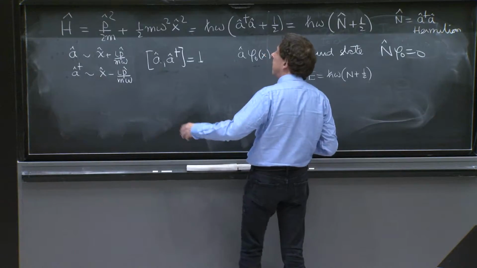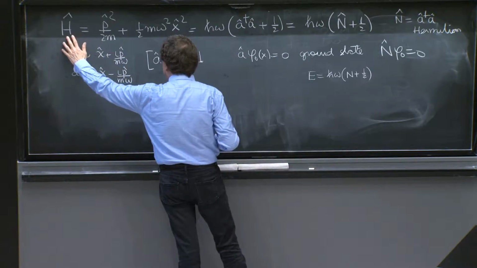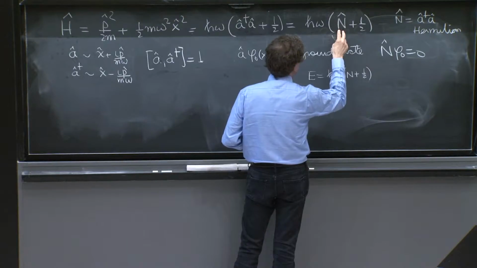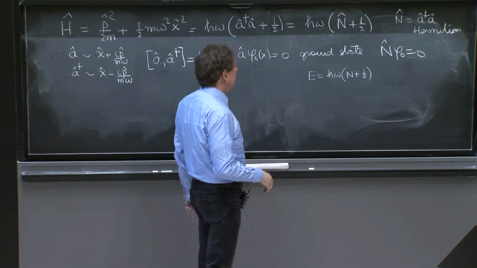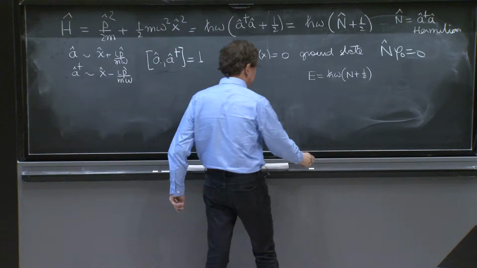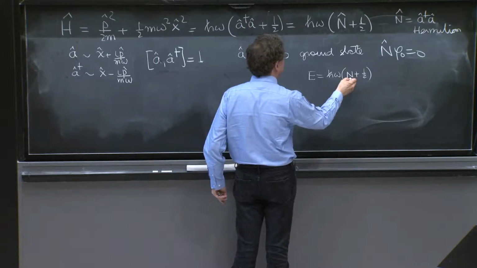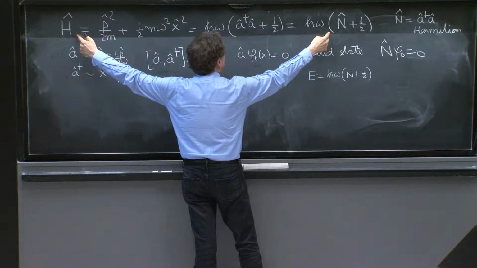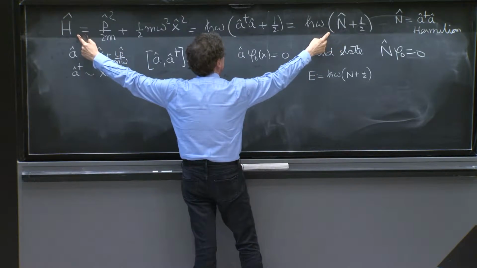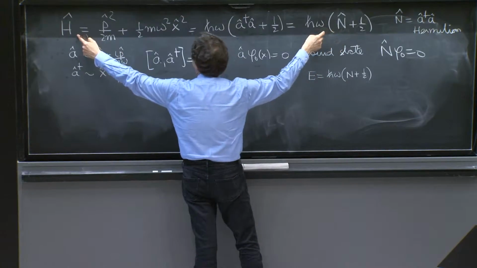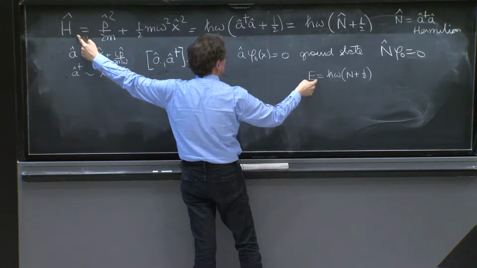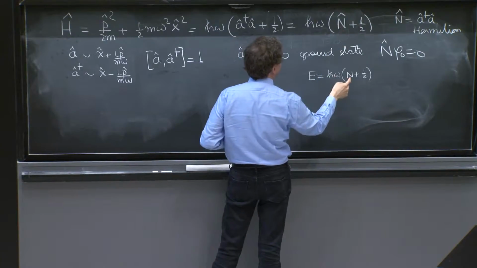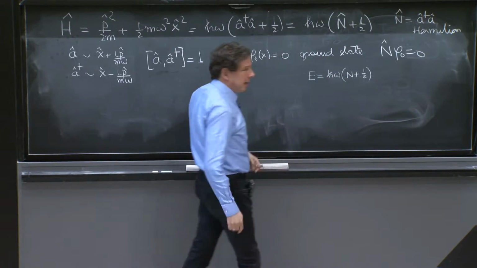And certainly, if you have an eigenstate of H, it must be an eigenstate of N, and the eigenvalue of N, if we call it capital N, therefore you can imagine this equation acting on an eigenstate, which happens to be an eigenstate of N or of H. On the left-hand side, you would read the energy, and on the right-hand side, you would read the eigenvalue of the N operator.